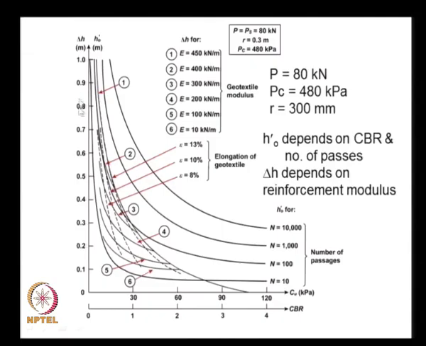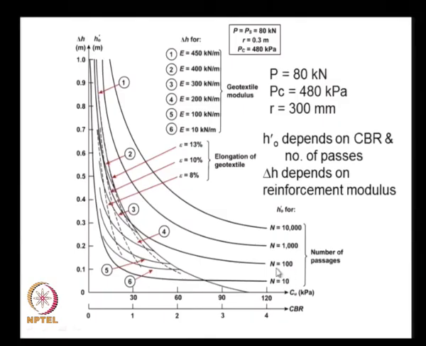Here we have two quantities. h naught prime is the thickness of the unreinforced pavement for the case of a standard axial load of 80 kilonewtons, a tire pressure of 480 kPa and a rut depth of 300 millimeters, and here h naught is only dependent on the CBR value of the subgrade and the number of load passes. The number of load passes is worked out in terms of 10, 100, 1000, 10,000.